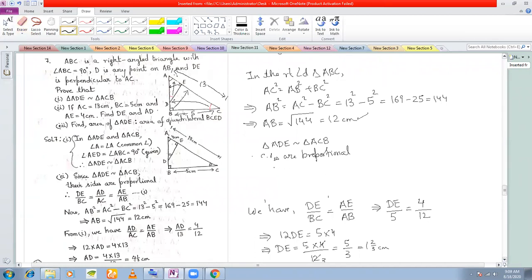I've erased this, but anyway, the proportional sides would be DE by BC is equal to AE by AB, and the second one would be DE by BC equal to AD by AC. These are the proportional sides. Now let's check which one I should take. I need to find out AD.